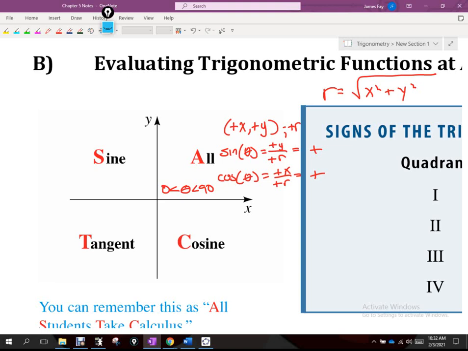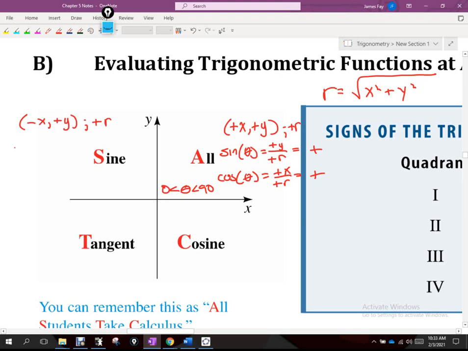That's why we say that word all. Second quadrant. We're looking at now every ordered pair in the second quadrant is a negative x value, comma positive y value, and then r, again, will always be positive.